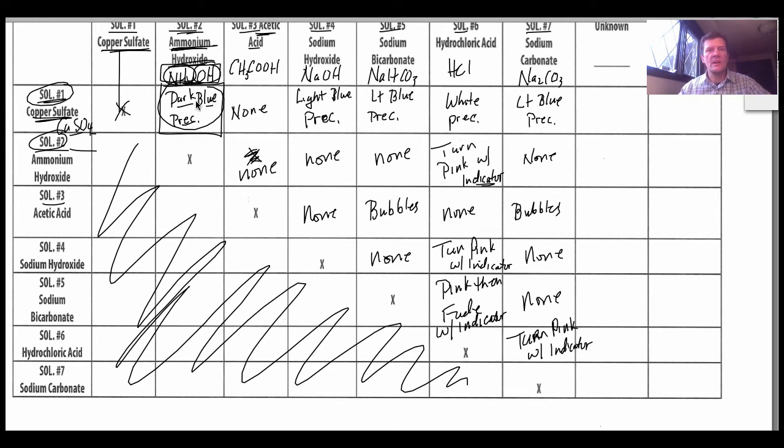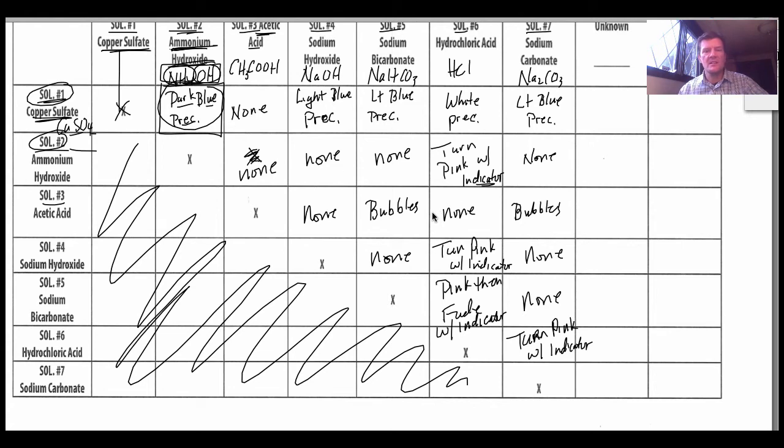You see here that we had a lot of reactions up here with the copper sulfate. Blue precipitate, white precipitate, light blue. So just a suggestion, maybe test it with copper sulfate first. If there's no reaction, you might determine that you have copper sulfate or you have acetic acid. So you might want to pick the one that has the most reactions.